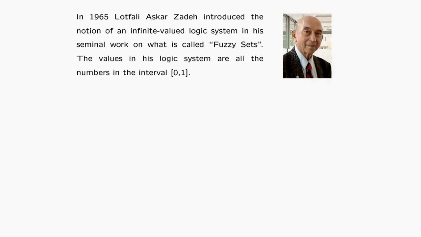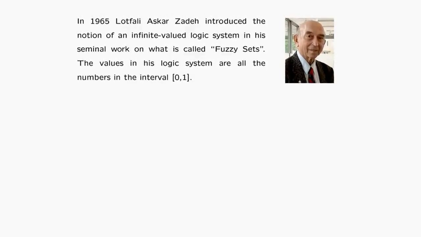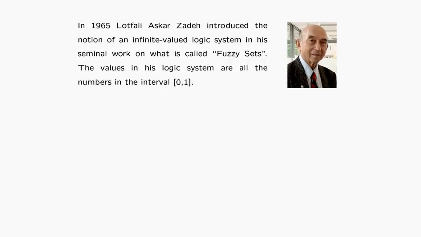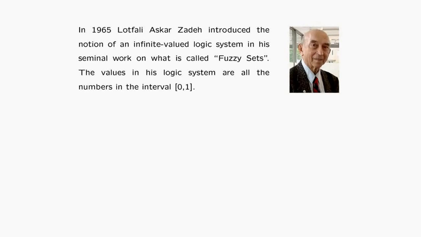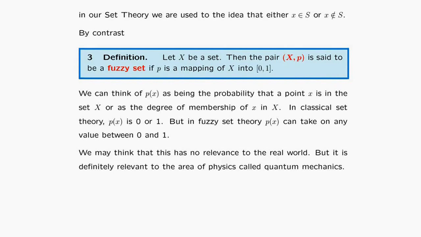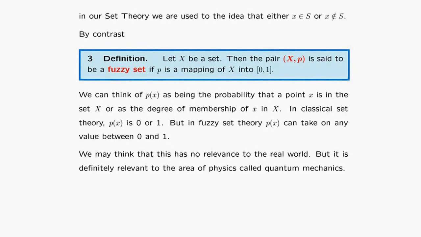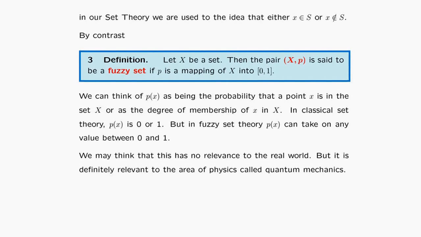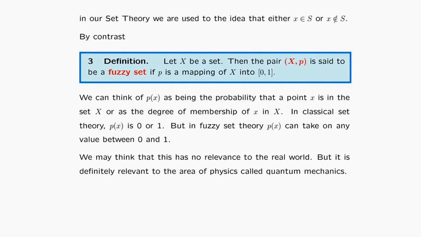In 1965, Zadeh introduced the notion of an infinite value logic system in his seminal work on fuzzy sets. The values in his logic system are in fact all numbers in the interval [0, 1]. In usual set theory, we are used to the idea that either an element x is a member of a set S, or x doesn't belong to S. This is in contrast with what happens for fuzzy sets.